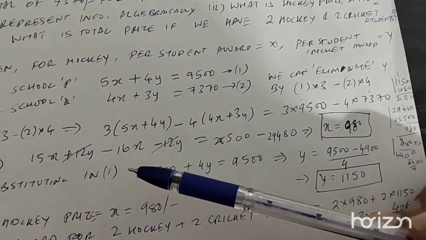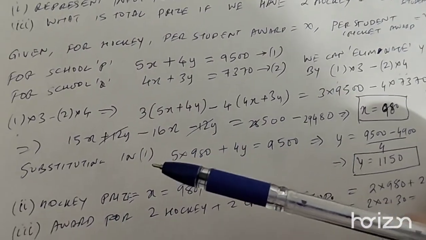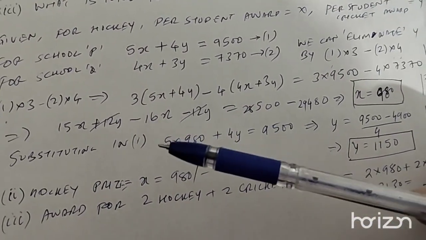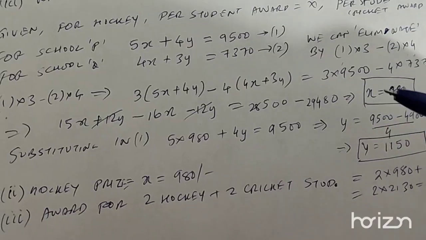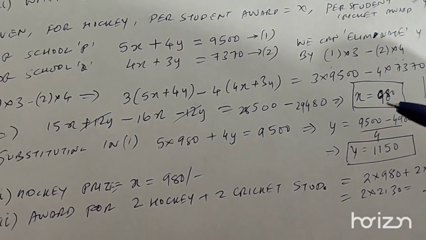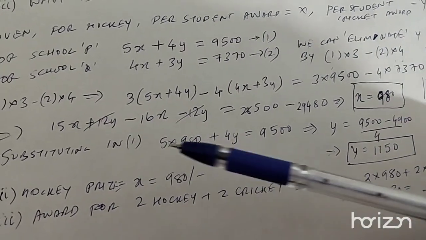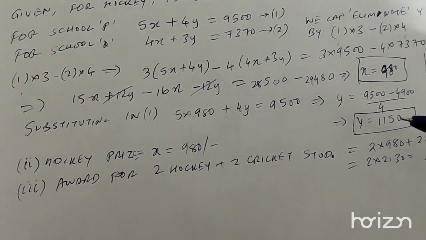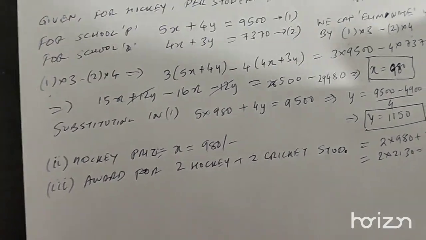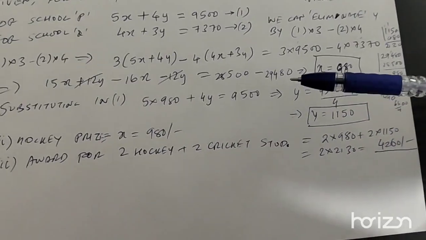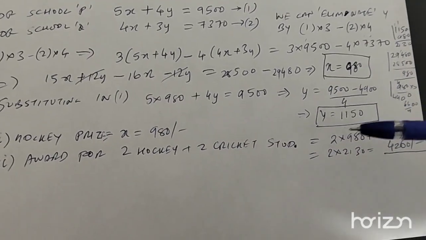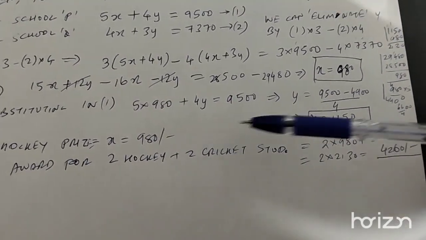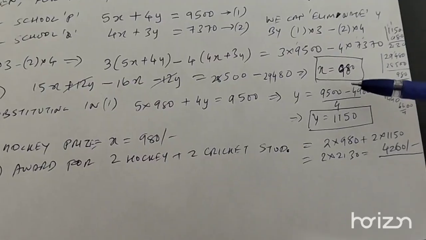Again, please do the simplification very carefully, but when you simplify it, you will find that x will be 980 rupees. Substituting it back, you will find that y is 1150. Please take your time, do all the steps, slowly expand it and slowly simplify it, but to keep the video short, I am telling you the answers directly.